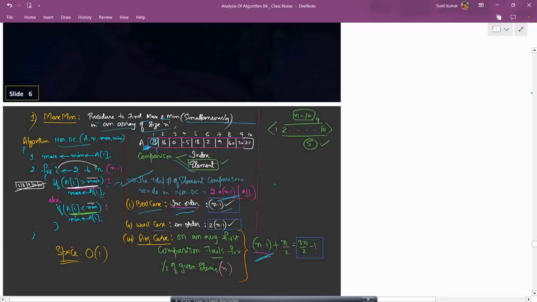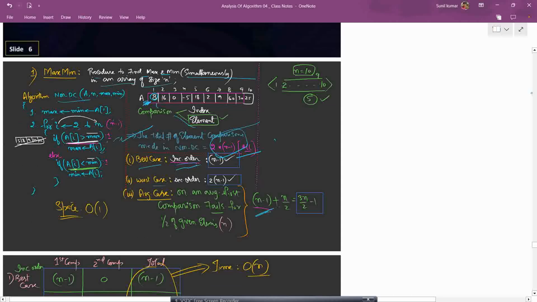If it is in increasing order, the best case would be n minus 1, worst case 2 of n minus 1. So the total number of comparisons would be this. On an average, the first comparison fails for half of the given elements, so 3n by 2 is the average case.